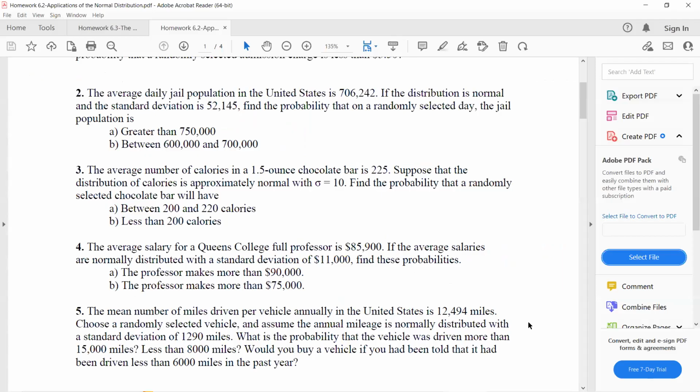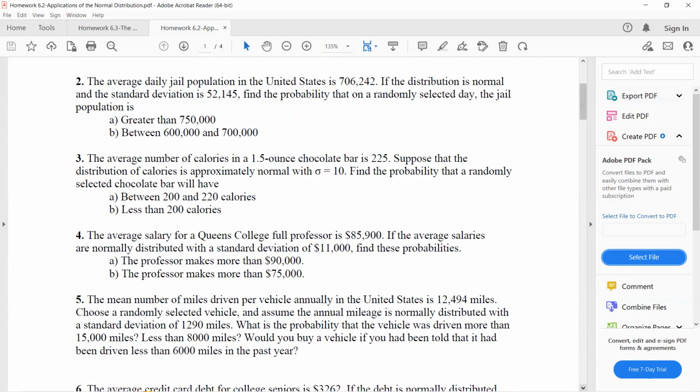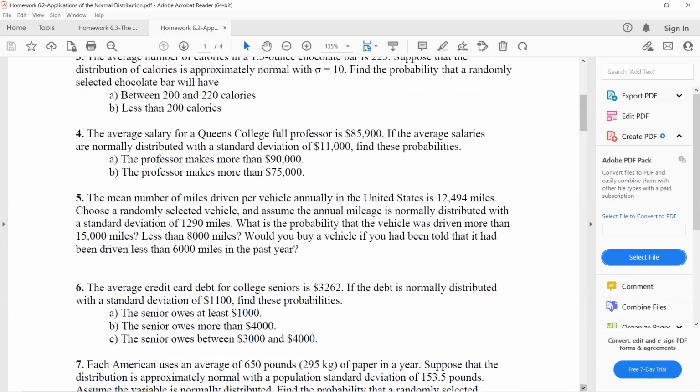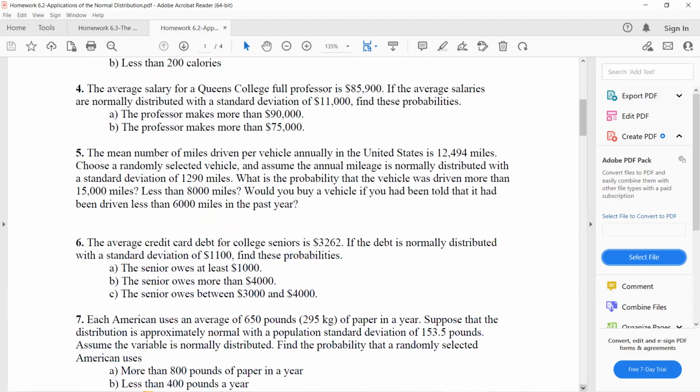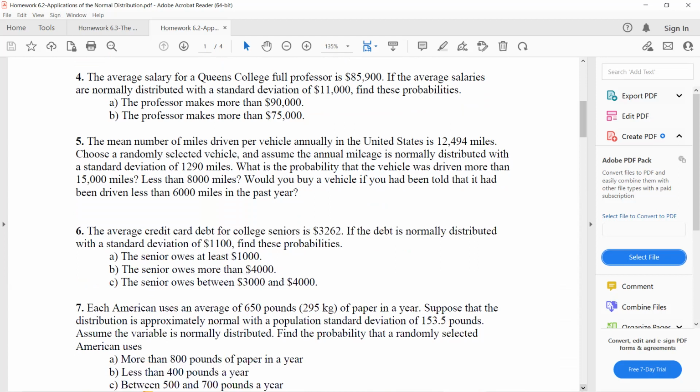Let's move on to number 4. See what you can do with number 4. The average salary for a Queens College full professor is $85,900. If the average salaries are normally distributed with a standard deviation of $11,000, find these probabilities.